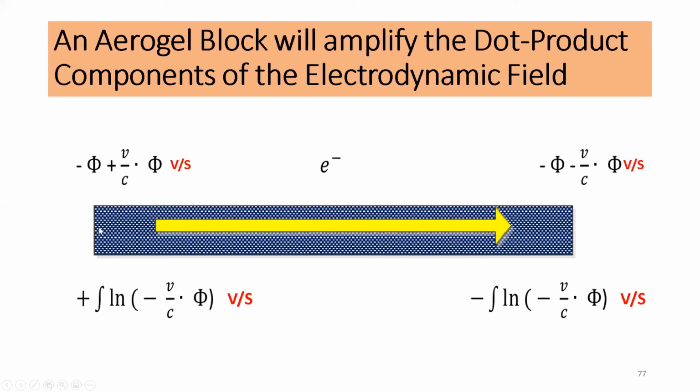So even though the potential change here might be fractions of a volt, if I look down the whole end of the block, I'm going to see tens to hundreds of volts, basically negative. Same thing over here. If I was at this end of the block, since they're receding, each one of these might be a fraction, but I'll see tens to hundreds of volts here.